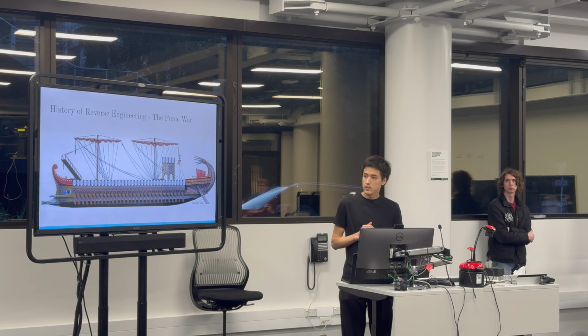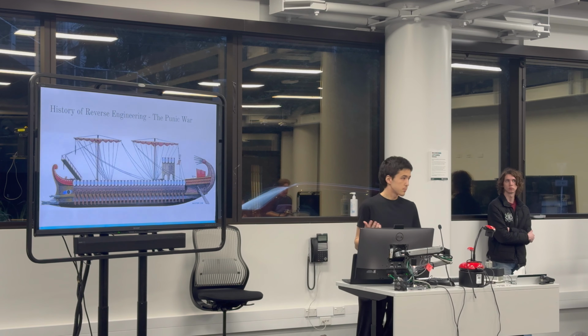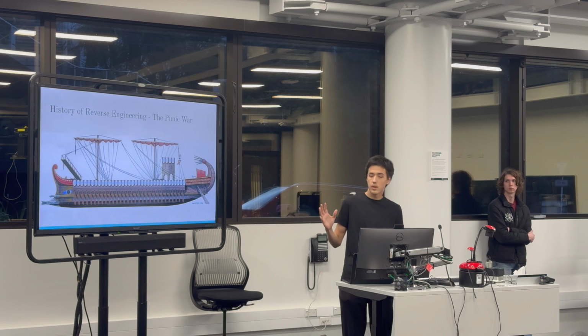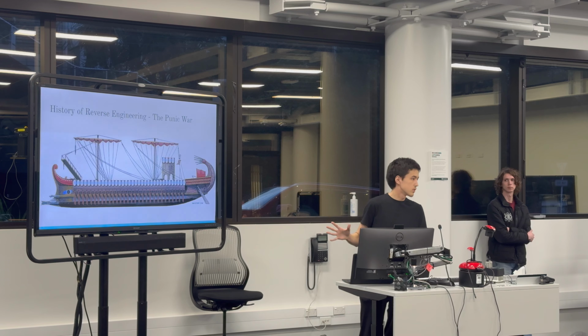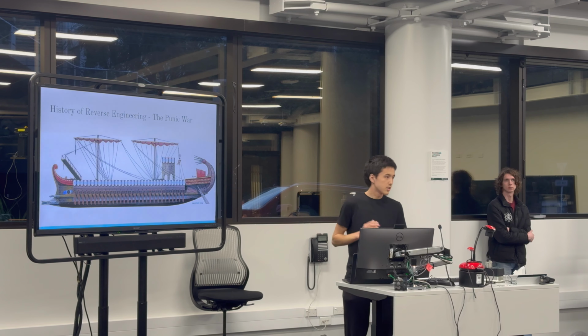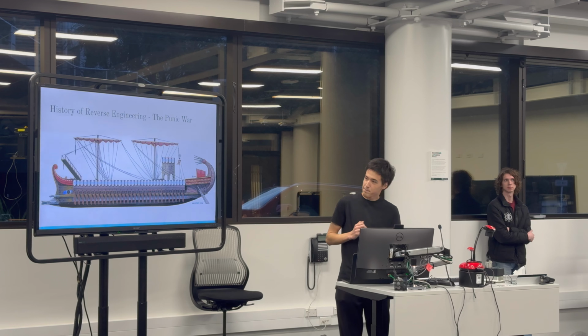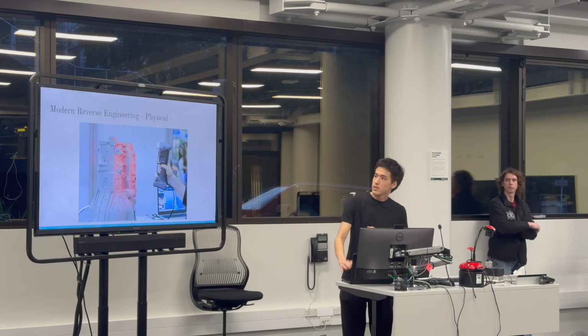They did not have a strong navy during the First Punic War until they took over a Carthaginian ship and reverse engineered it to make 300 of their own ships. They ended up destroying Carthage. Yeah, so now we've done that.